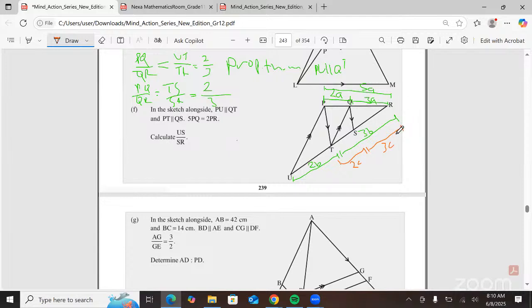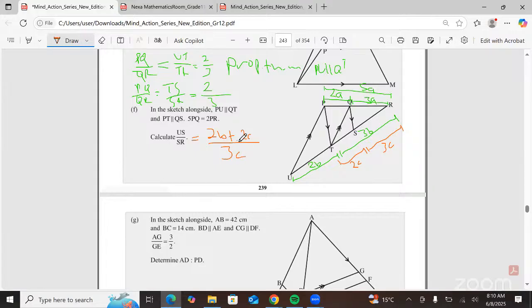Now let's go to the question and see what it requires us to find: US over SR. US is this portion UT plus TS. So I say my US is 2B plus 2C, all over SR, which is 3C.